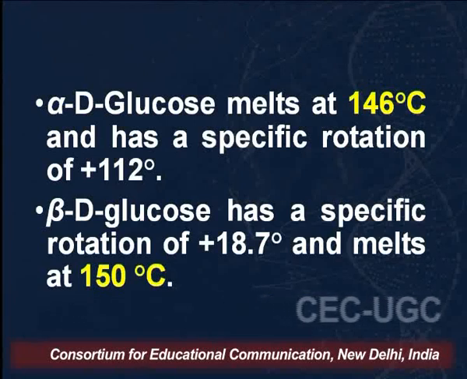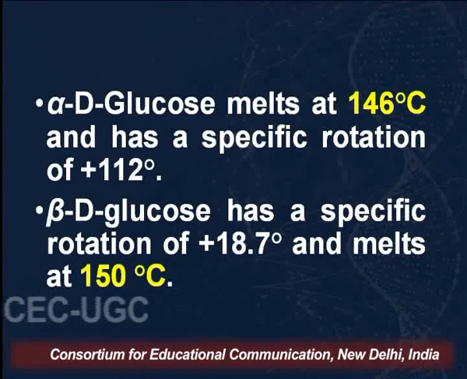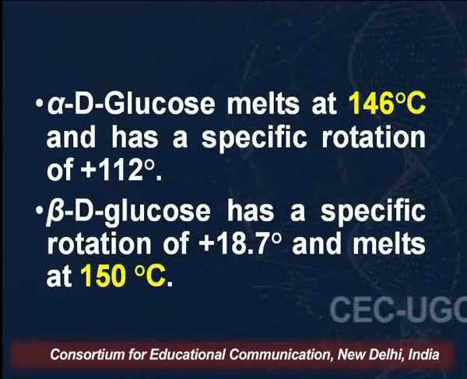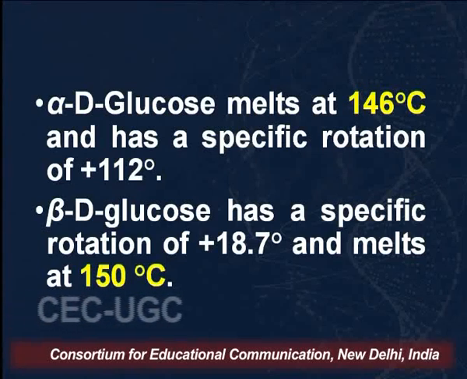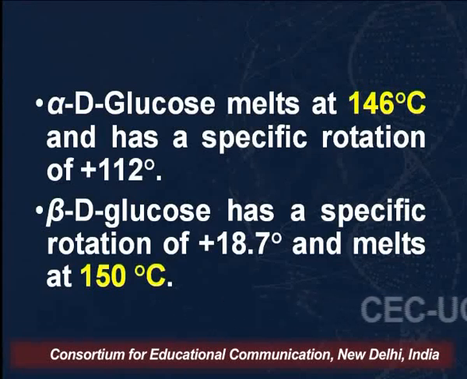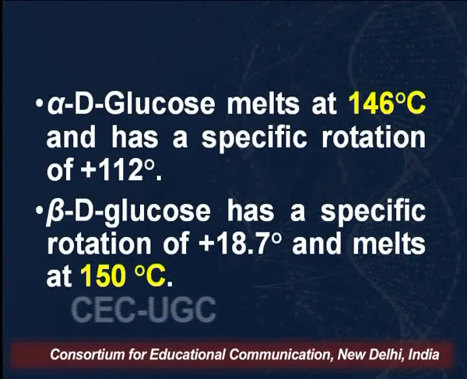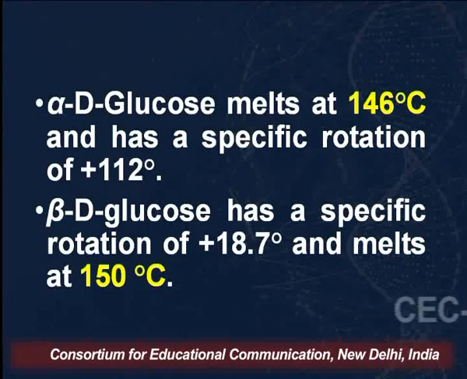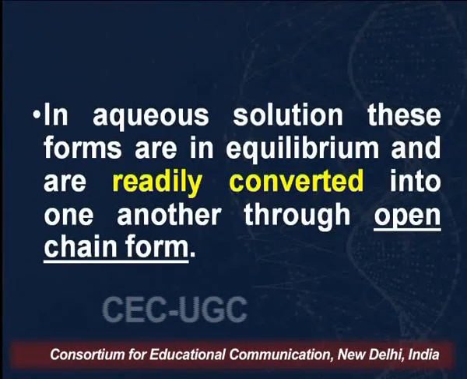Whereas beta D glucose has a specific rotation of 18.7 and it melts at 150, and it crystallizes out from a hot concentrated aqueous solution. So these two have different properties. That is, the specific rotation of alpha D glucose is 112 and of beta D glucose is 18.7. This is the point we have to concentrate on, and this is what will explain the phenomena of mutarotation.